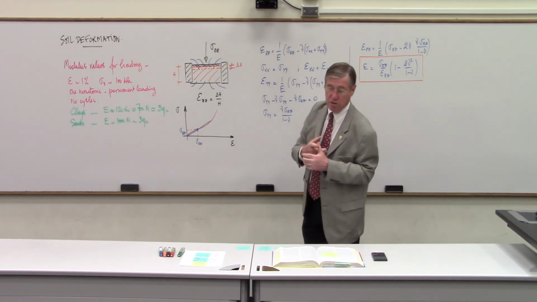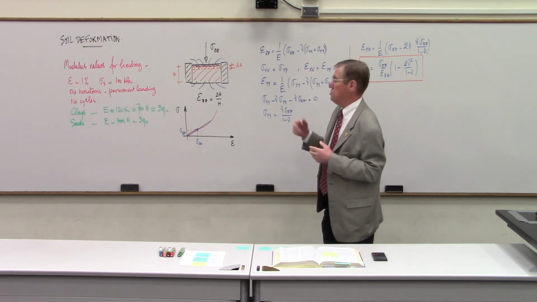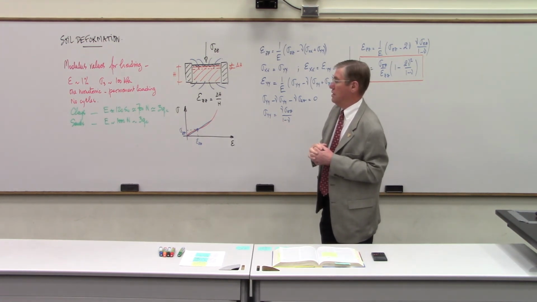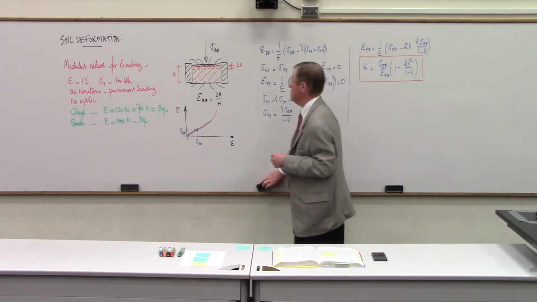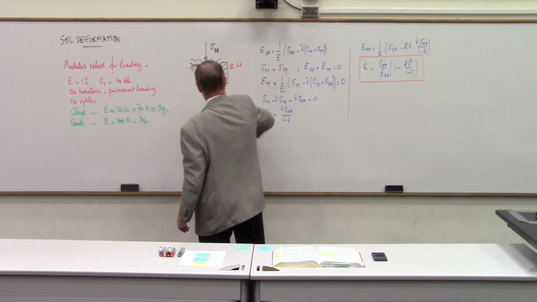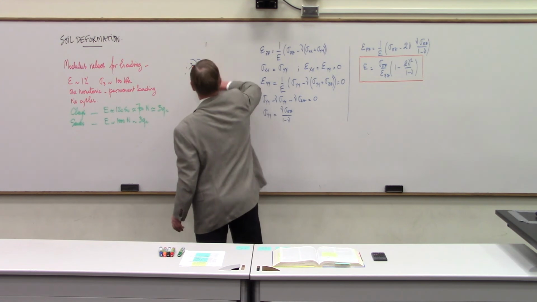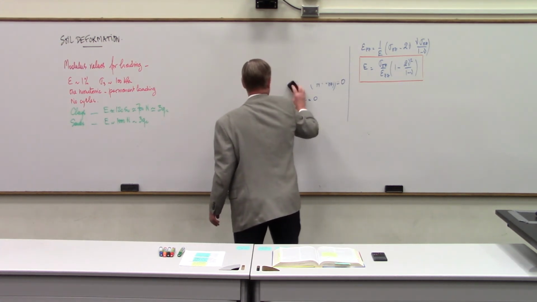So the triaxial test is a good way of doing it. We will talk in the next lecture about the consolidation test, but I wanted to finish this discussion by talking about a test that's really well suited for measuring the modulus of soil, and that's called the pressuremeter test.